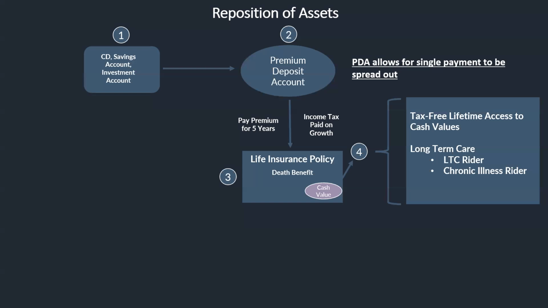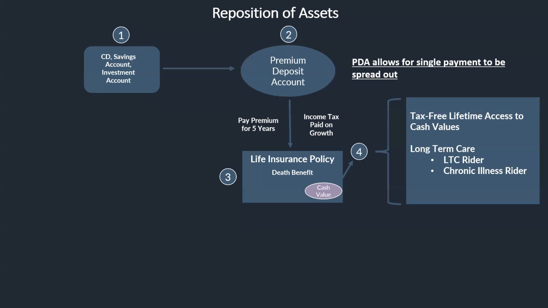If they have a long-term care need, we're not worried about pulling money from an IRA that's going to have taxes paid, and we may be net 40, 50, 60 cents on the dollar. If we need $1 out of this policy for long-term care and we have a long-term care rider, we get to take it out dollar for dollar, no tax.